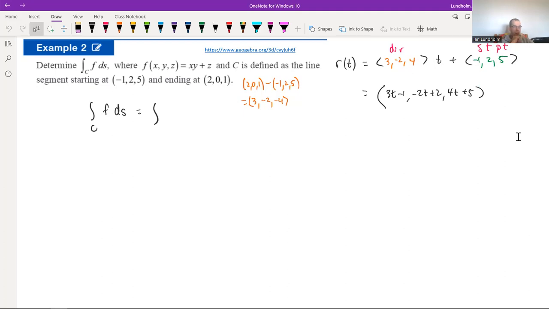Cool. So we have our parameterized path. Right now I'm just going to write what's generally going to go here, and then we'll fill these in.